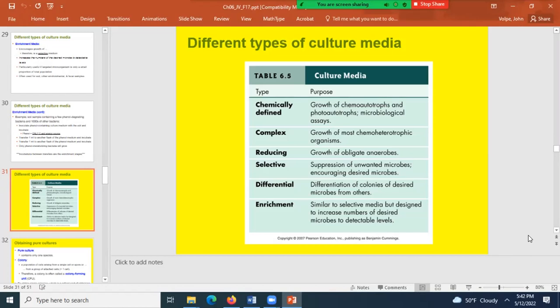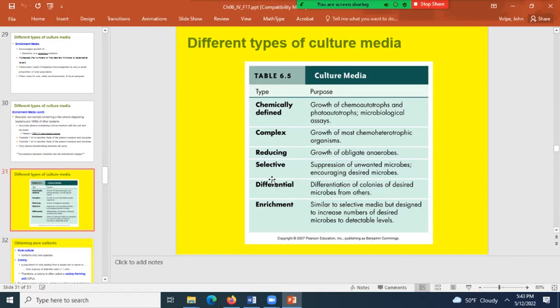All right, so this slide shows you the difference between a chemically defined media, a complex media, a reducing media, a selective media, a differential media, and an enrichment media. And please note that the media can be more than one.